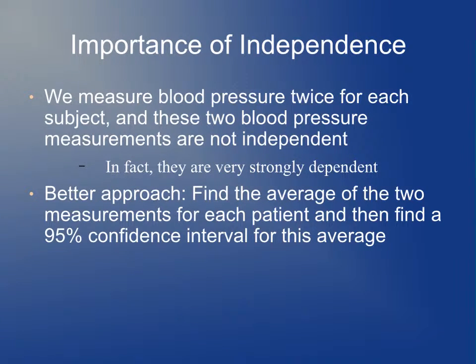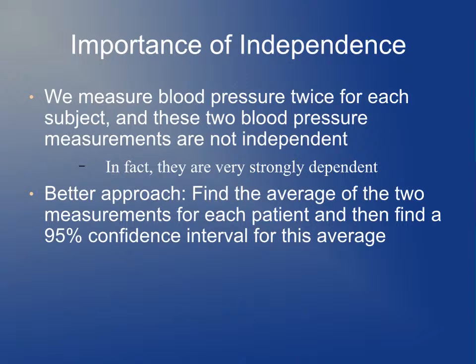When we measure it twice for every subject, these two blood pressure measurements are not independent. In fact, they're very strongly dependent, so if we mindlessly use all of the observations, we end up with a sample size much larger than what the true effective sample size would be.